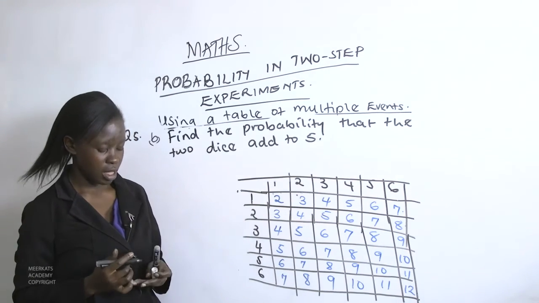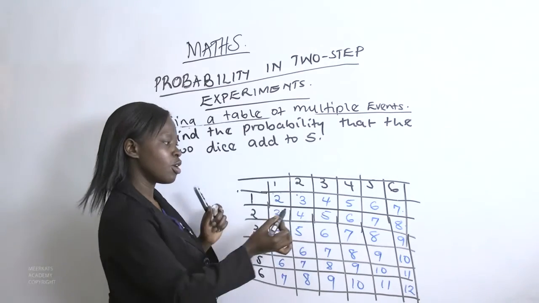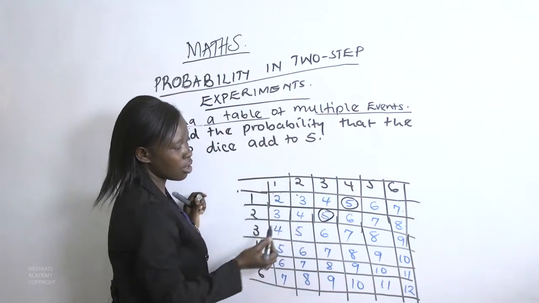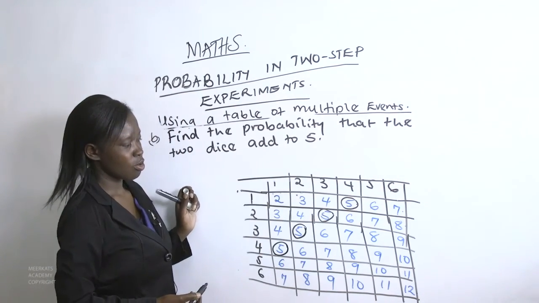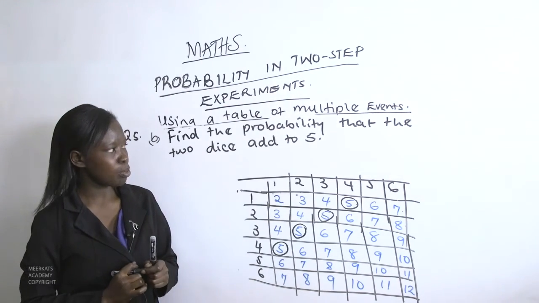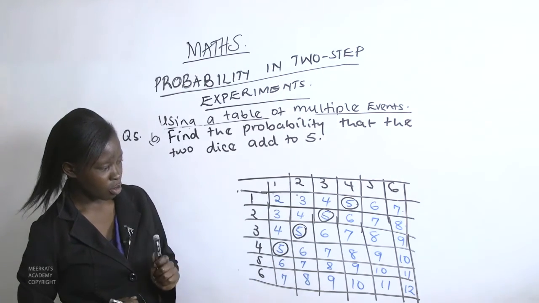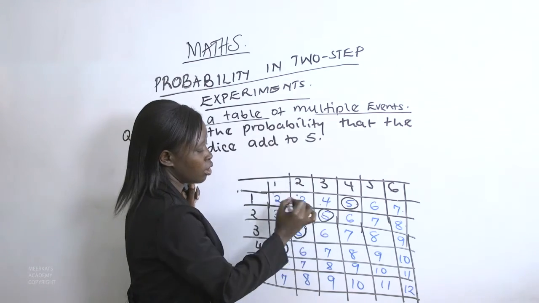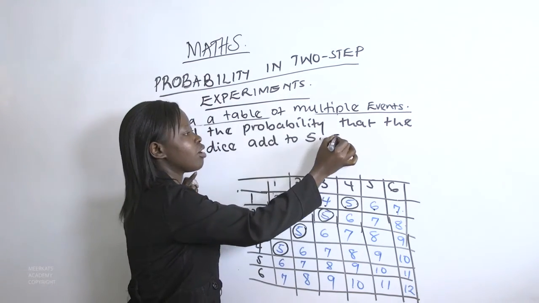So we find in our sample space where we have their sum as 5. The first occasion, we have that. Another outcome is there. Then this is the other outcome, and that is the other outcome. So the outcomes where the two dice are adding up to 5 are 1, 2, 3, 4. So we have 4 outcomes out of a total of 1, 2, 3, 4, 5, 6, that is 36.